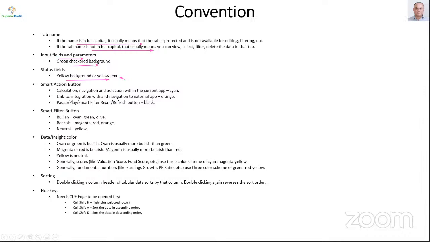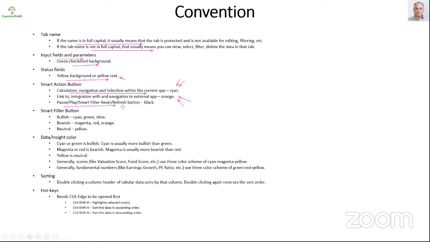Smart action buttons are used to calculate, navigate, and select within the current app. Then they are in cyan. If the smart action button takes you to a different, external app, then the button is in orange color. So looking at the button color, we know whether it is going to keep us within QEdge, that is cyan, or take us outside QEdge, that is orange.